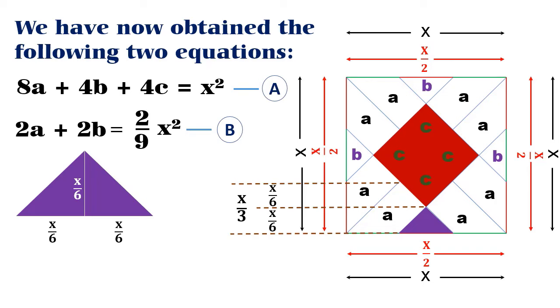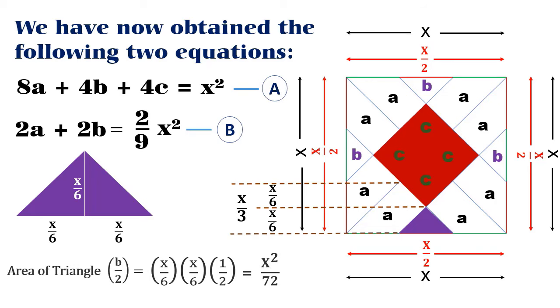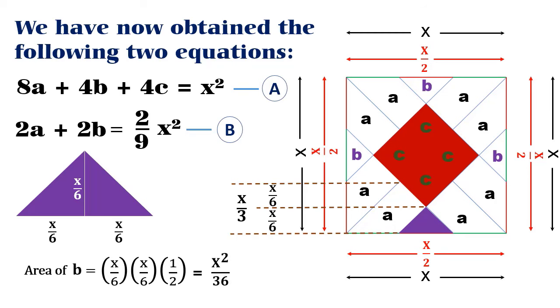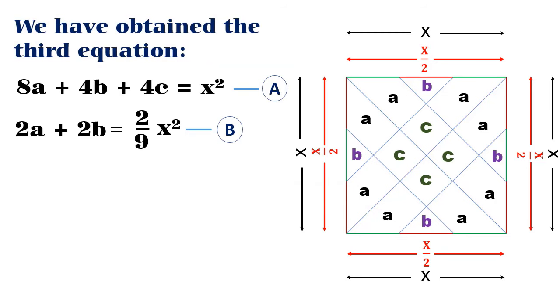We get the area of triangle as x square by 72, and this is equal to B divided by 2, which means B, the area of B, is equal to x square divided by 36. We have obtained the third equation as B is equal to 1 by 36 x square.